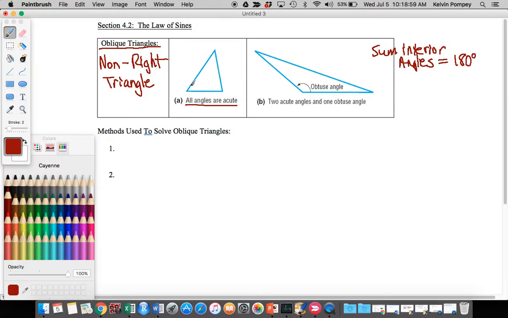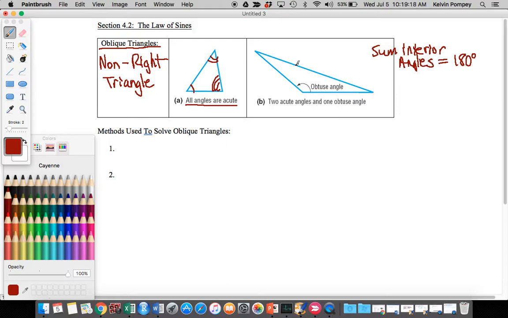So we can have three acute angles, or we can have one obtuse. Remember, obtuse means bigger than 90. And if one is bigger than 90, the other two have to be less than 90 to make that a true triangle. All right.